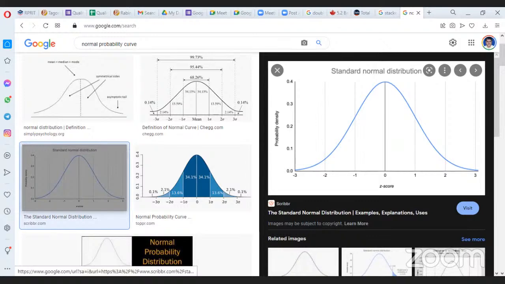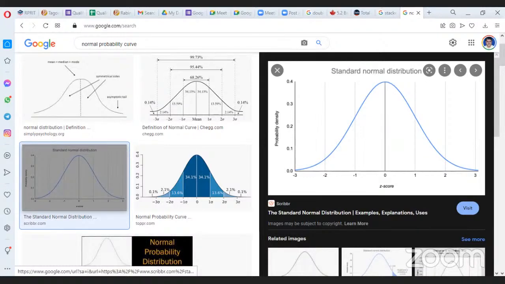normal probability distribution. But why do we use the normal probability? We are using normal probability for inference purposes.